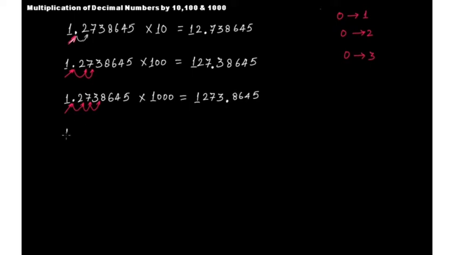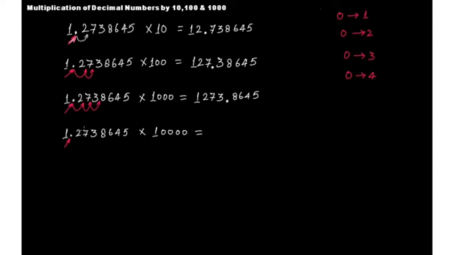Same number, 1.2738645, is multiplied with, let's say, 10,000. How many zeros do we have here? We have 4 zeros. So our decimal point is here. It means that this decimal point will move towards the right 4 times, that is, it will be placed after the 4th digit.